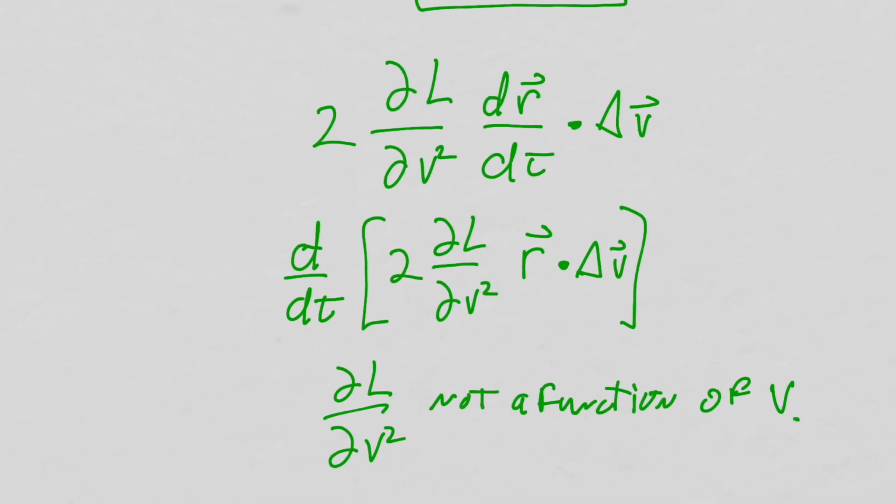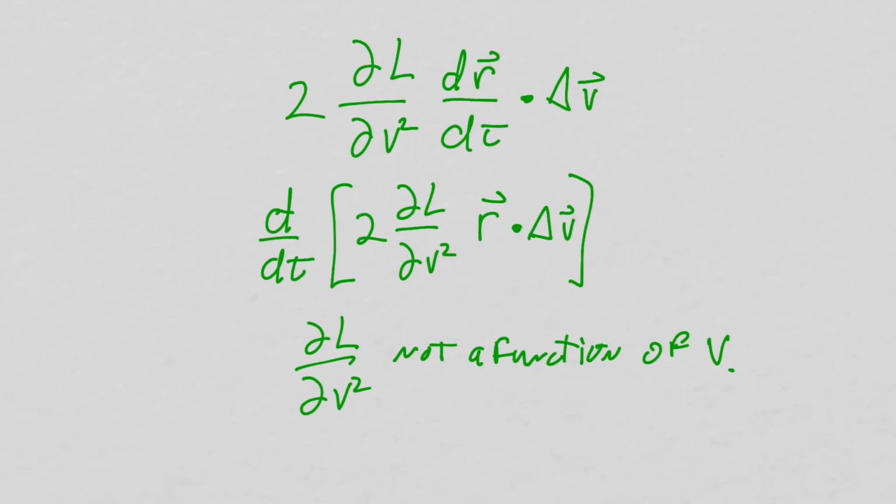So that first part's got to be 0, which ultimately means that whatever dL/dv squared is, it can't be a function of the velocity. If this was a function of velocity, then d/dt of that would give you an acceleration, right? If any function of the velocity, there would be acceleration type terms. So dL/dv squared just can't be a function of v.